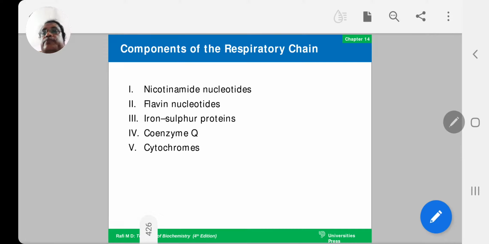Unlike the redox potential of NAD+ or NADP+, the redox potential of flavin nucleotides depends upon the protein with which they are associated. That is called flavoproteins.